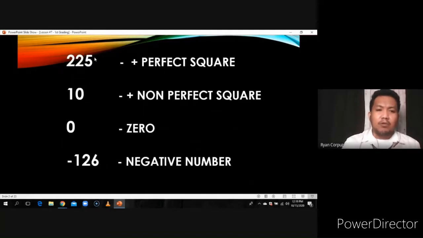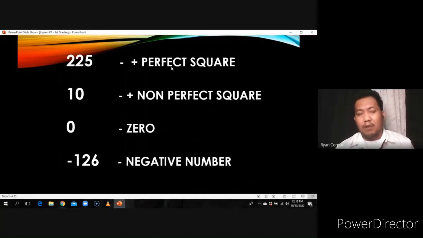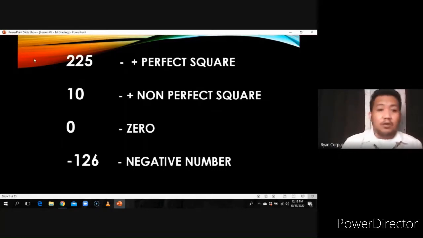Looking at 225, it is a positive number which is a perfect square. We already know what perfect squares are: if a given number is multiplied by itself, the product is a perfect square. So 225 is a perfect square because it is the product of 15 times 15. That is a positive perfect square.